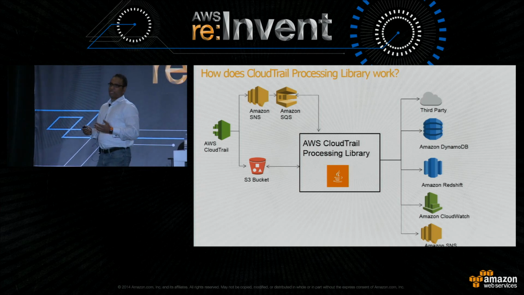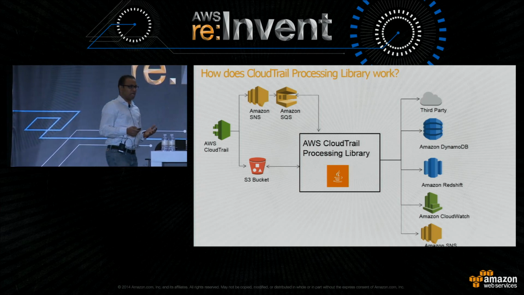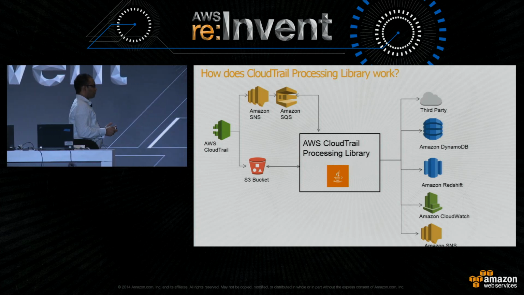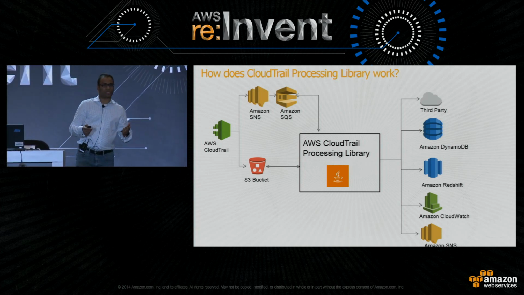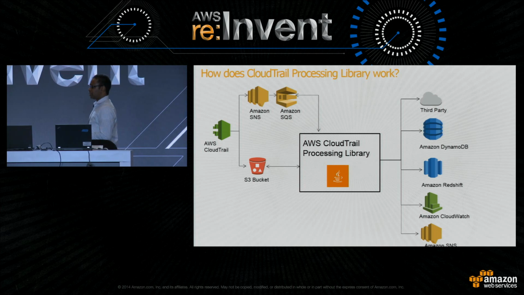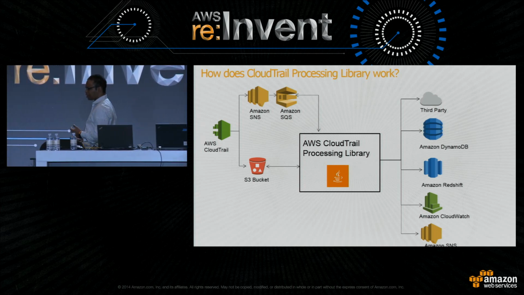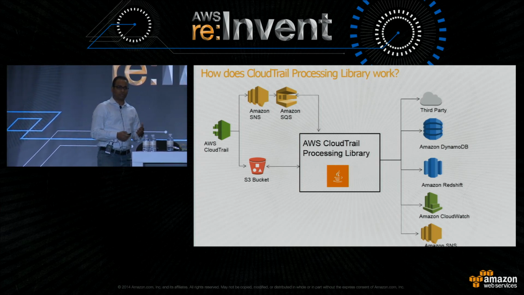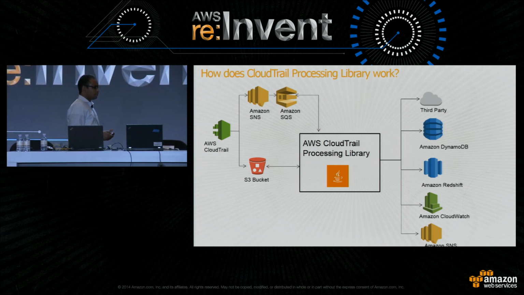For example, you may want to define your own schema and persist the events into Redshift, for coming back and doing a historical trend analysis of your API activity. Or you can send a notification to an SNS topic that is wired to your email.